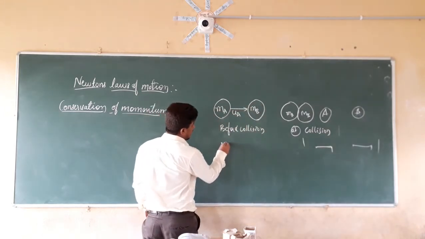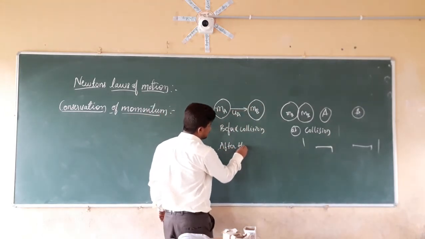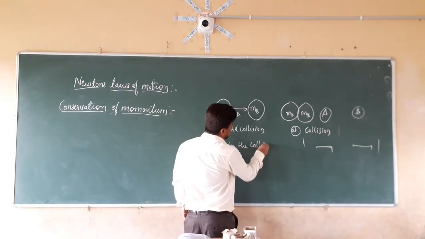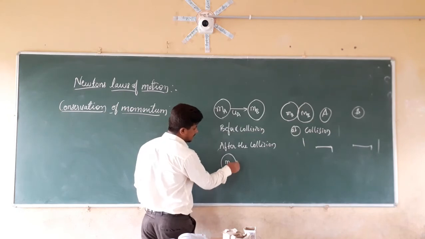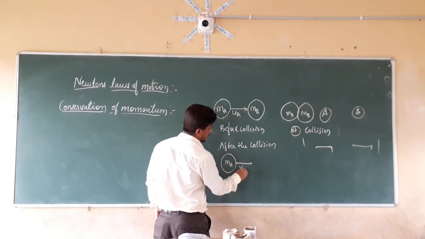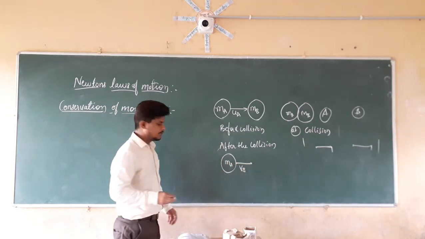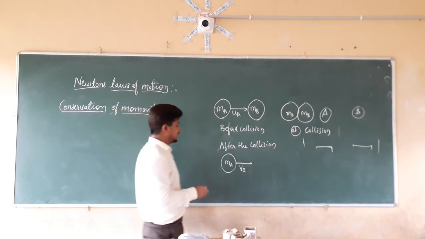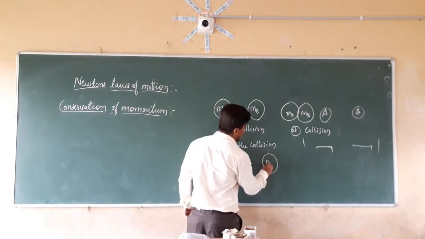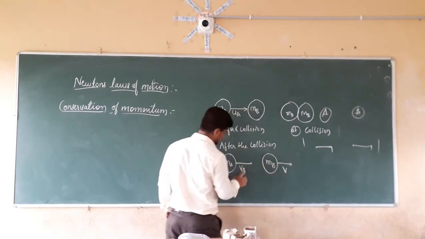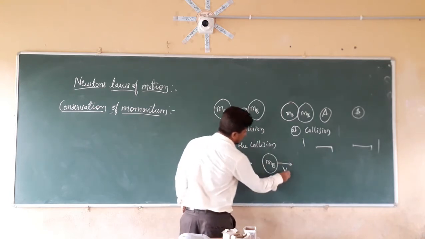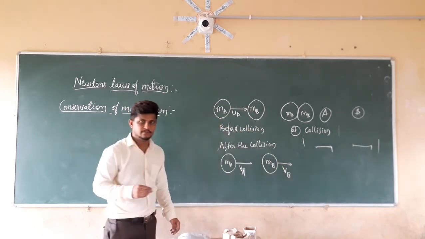So after the collision, the ball A having mass MA will be moving with the final velocity VA. In the same manner, the ball MB will be moving with the final velocity VB.